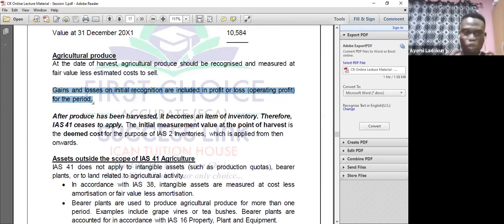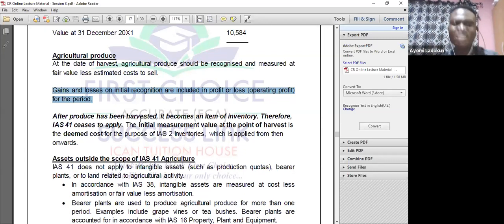Any gain or loss right there is included in the profit or loss account. Now, after I have harvested, I have plucked my maize, my mango or oranges, they become an item of inventory immediately. IAS 41 will cease to apply.